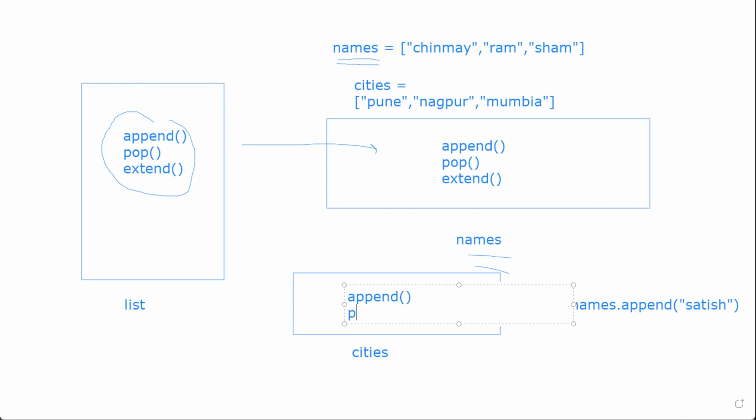Not only these three, all the methods of the list. And if you want to add something to the cities, you have to call it on the reference variable, cities dot append Nagpur.